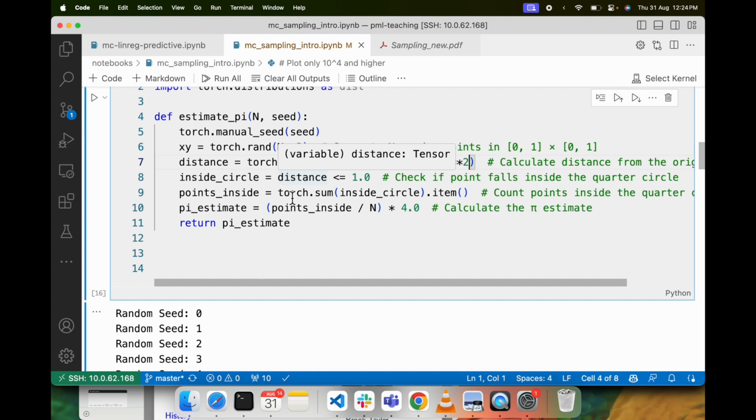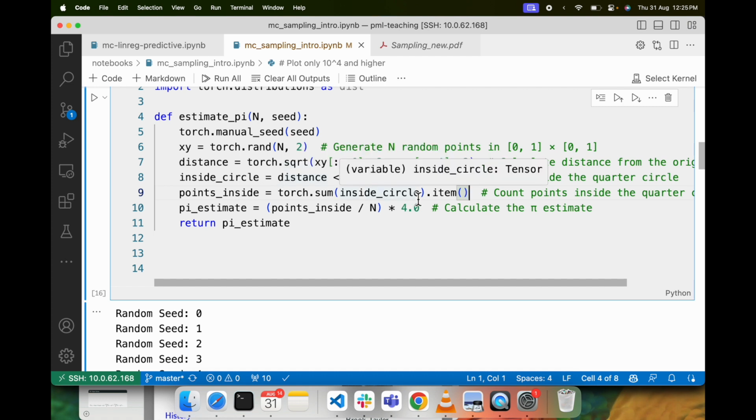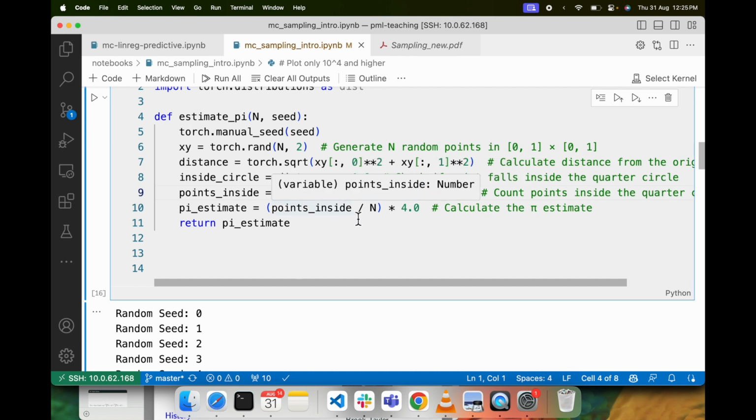So for points inside, we can just see the sum. The sum of this is going to be returning 0 or 1, so you'll get the sum corresponding to the number of points which fall within the circle, and then your estimate for pi is just the number of points inside which fall within the circle divided by the number of draws that you have done, into 4.0.